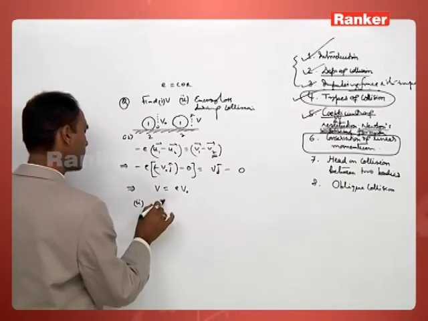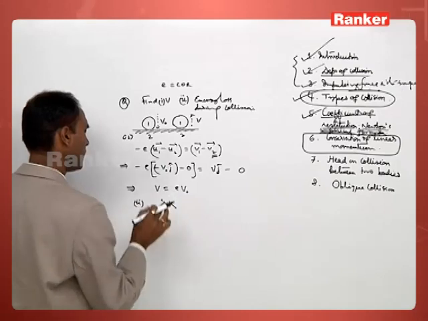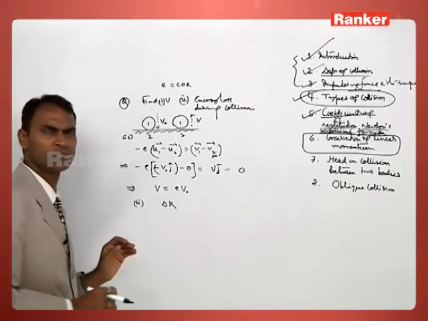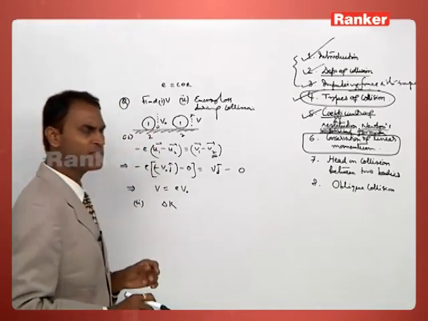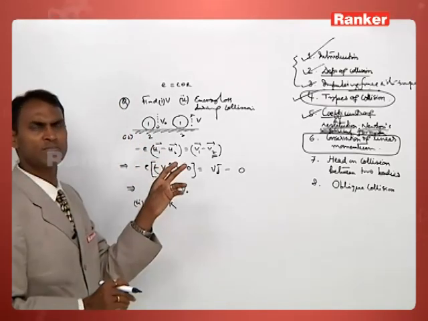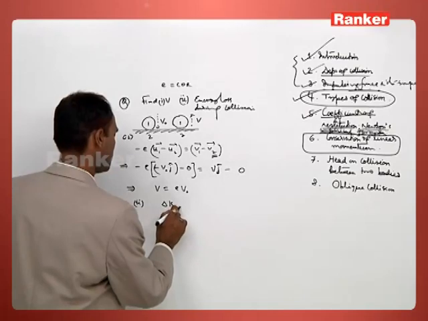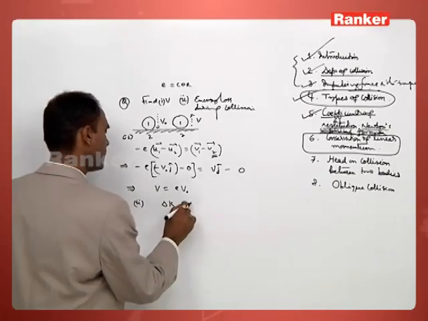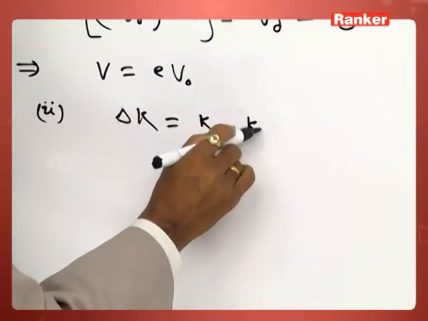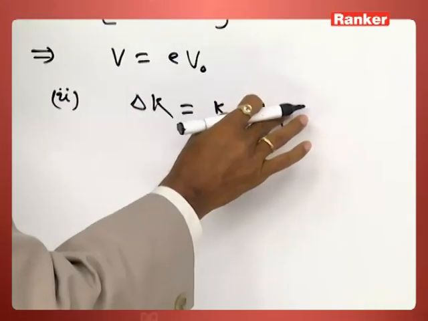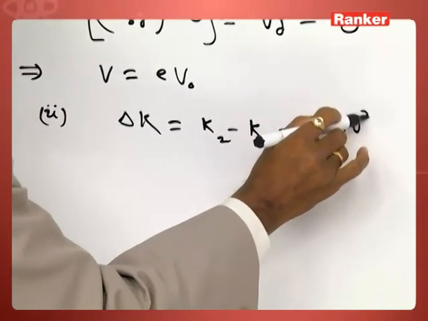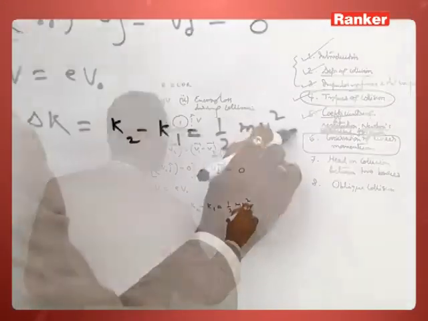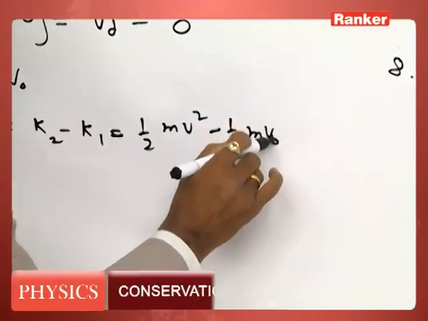The energy loss during collision is the kinetic energy loss, because during collision this body is not changing its height, so it's not changing its potential energy. The change in kinetic energy is always final minus initial. The final kinetic energy is half m v square. The initial kinetic energy is half m v naught square.